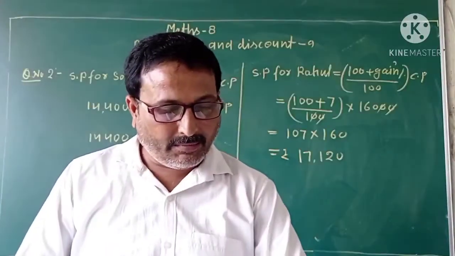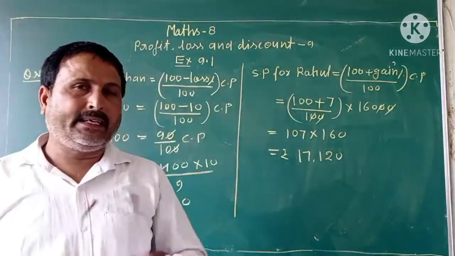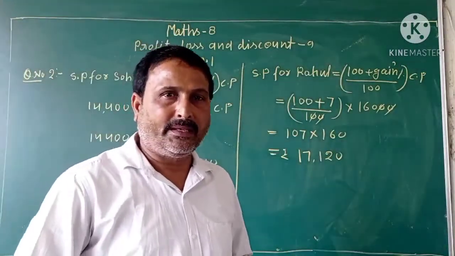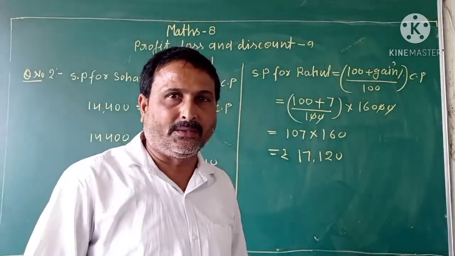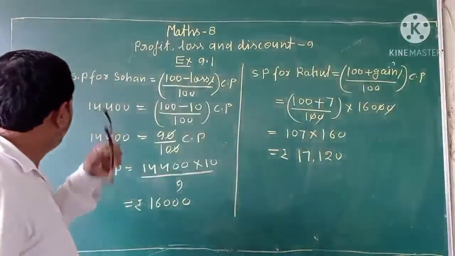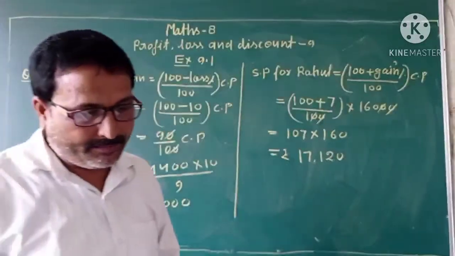Now see question number 4. And already I said that you have to revise the example. But how many students have revised, I don't know. But I am trying to explain maximum questions. Now question number 4.